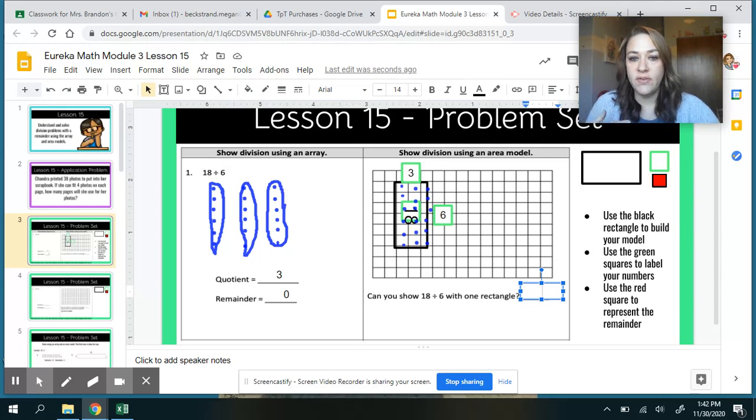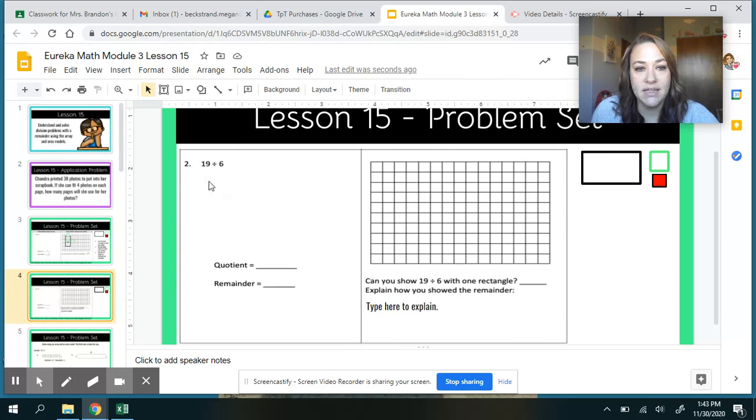So your multiplication facts are really going to help you with division. So then it said, can you show 18 divided by 6 with one rectangle? Yes, because we didn't have any remainders. So we can just say, yes, we did. I think our next one will have remainders. You can see what that will look like.